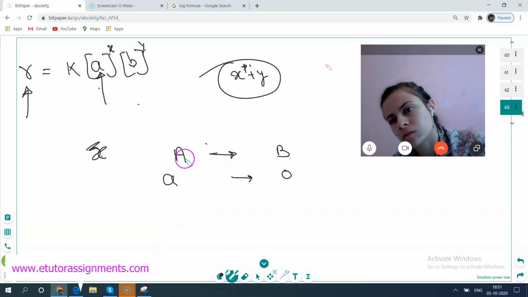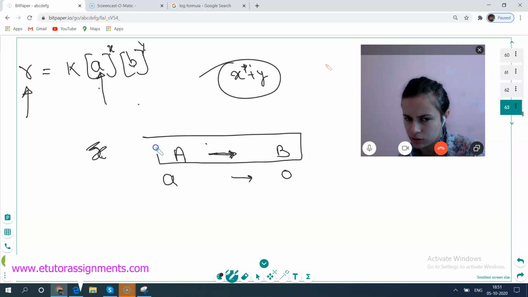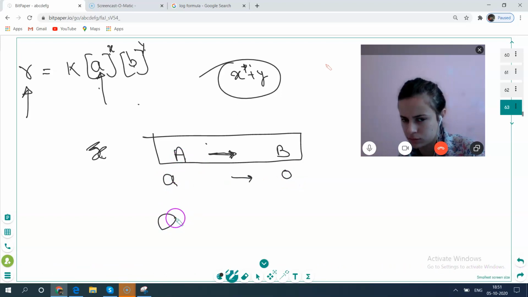A is converted into B. Initially B is 0. After some time, the concentration of A will be how much? Let us say A minus x.